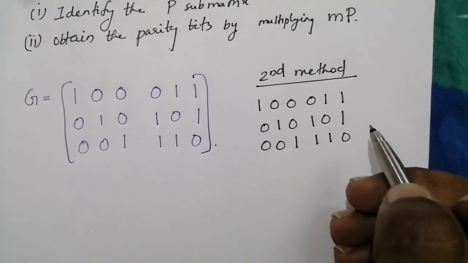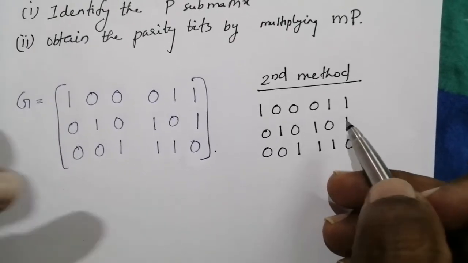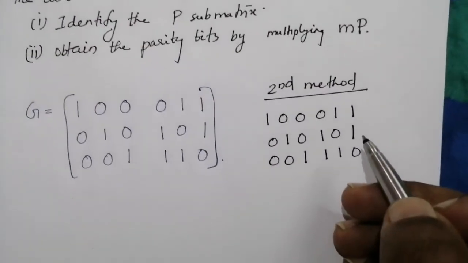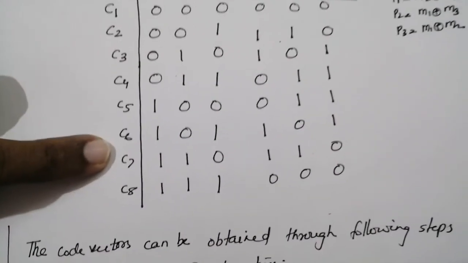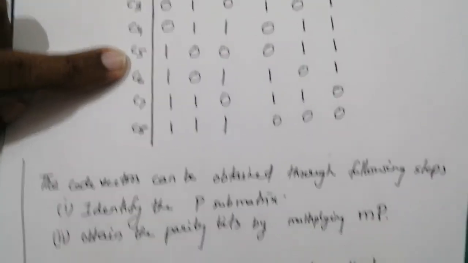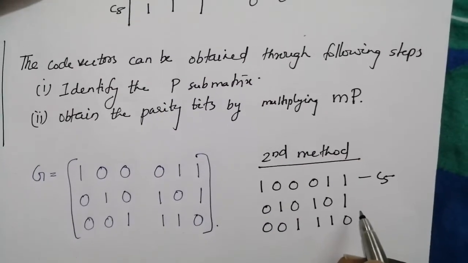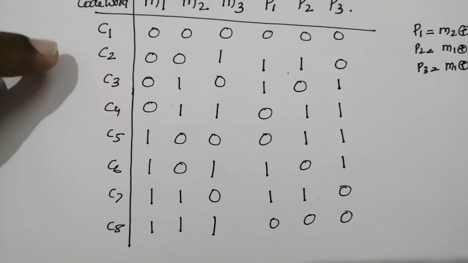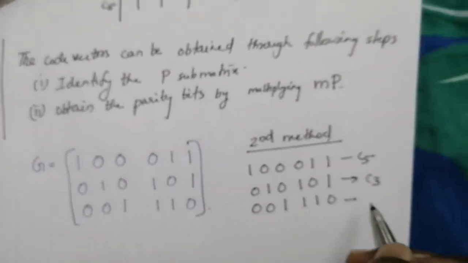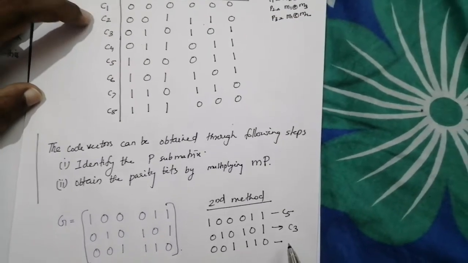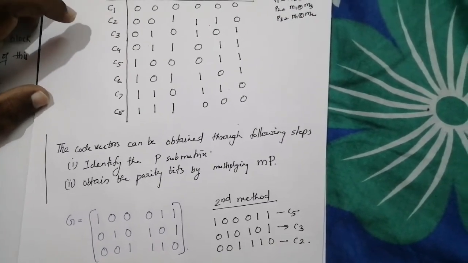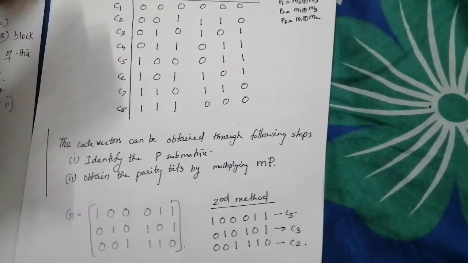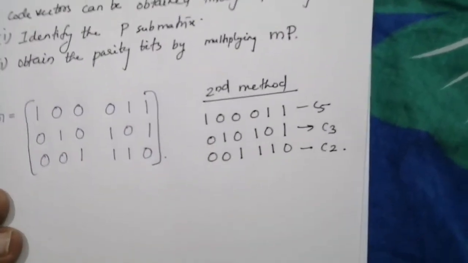So you can check whether these code words appear here or not. So this is C5, this is C3, this is C2.